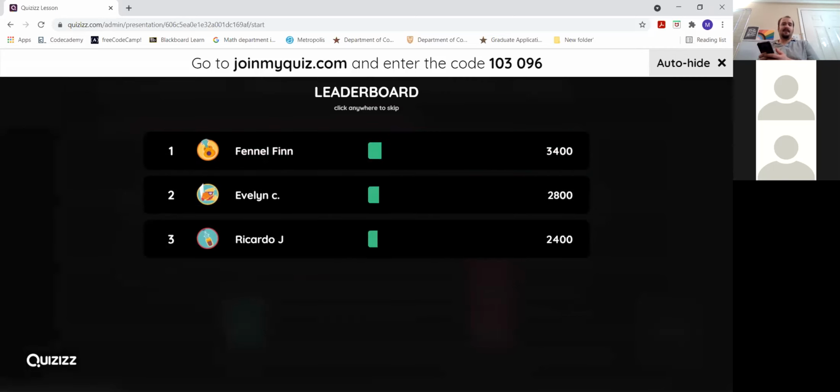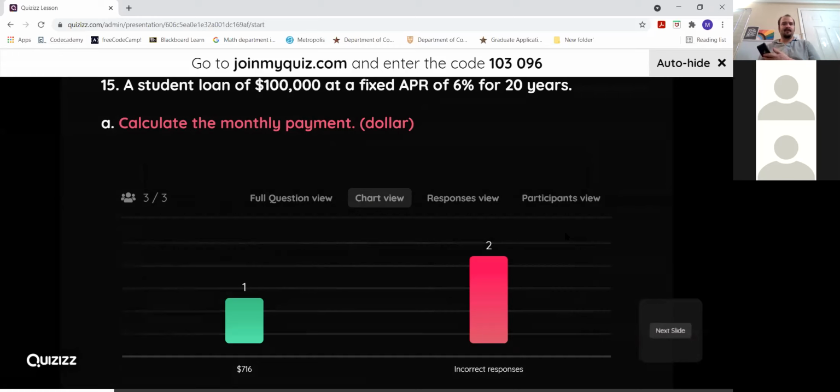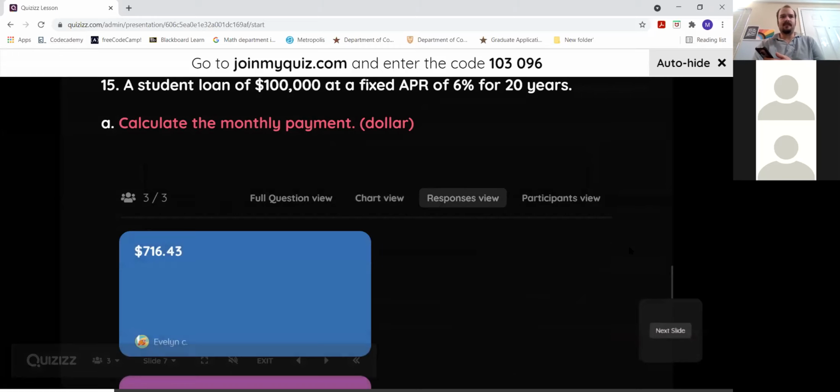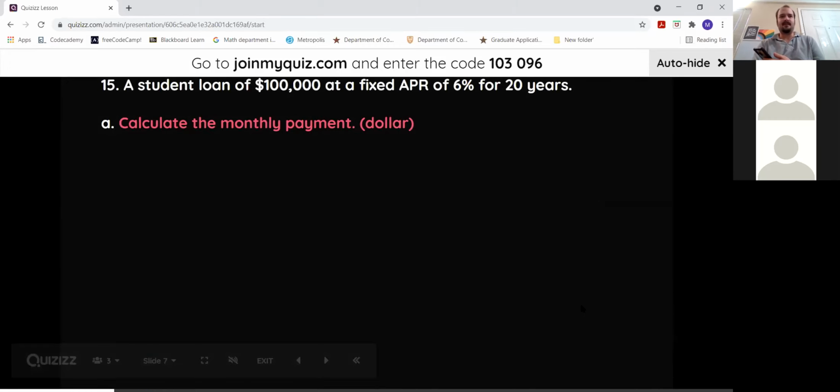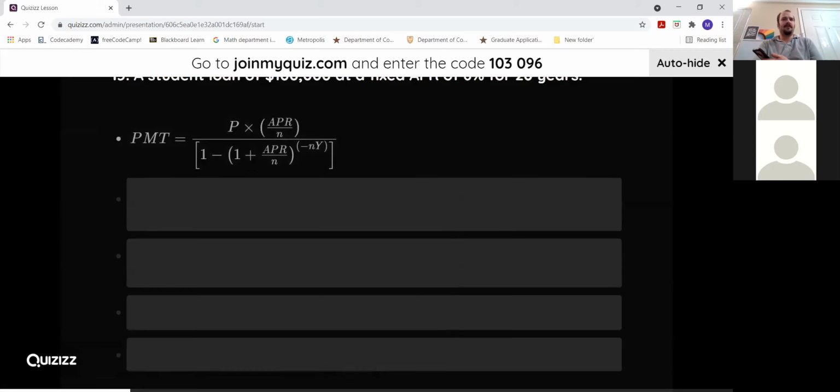This one is a hard one. What are you telling me? 71643, that's hitting it. Y'all got exact. This is nearest dollar, y'all give me cents. All right, so hopefully what you're doing is not looking at the back of the book and actually trying this out.